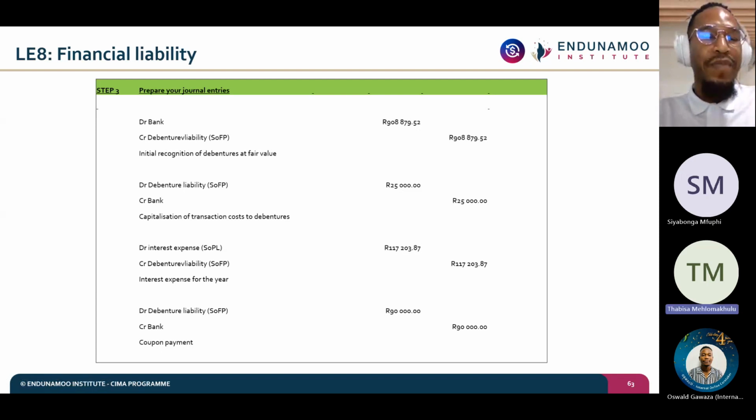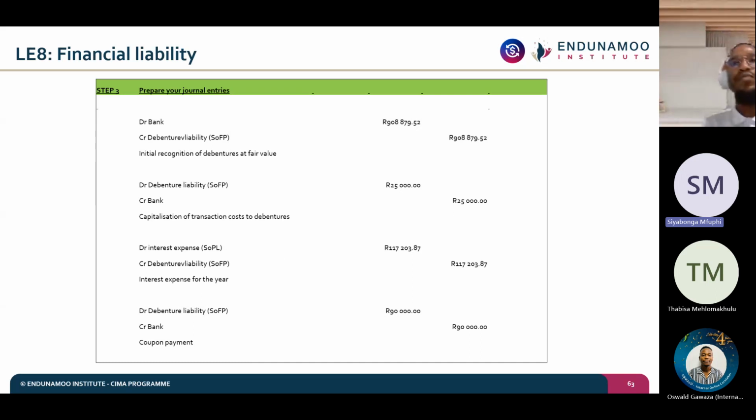Thank you so much. Great. Ogushe, are you covered? Yes, I'm covered because I had the same issue as Tabisa in terms of the transaction cost. If they are capitalized, meaning there won't be any time value of money affected. So as soon as you capitalize the transaction costs, guys, please remember one thing.